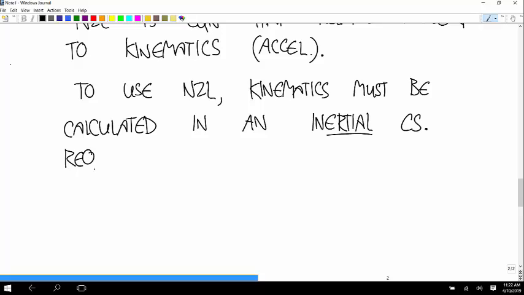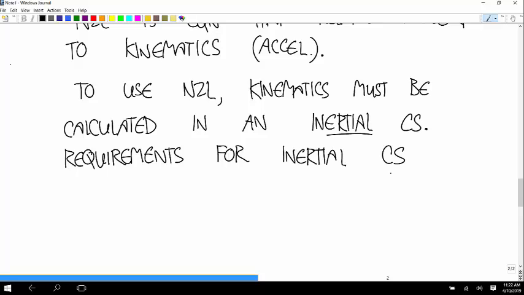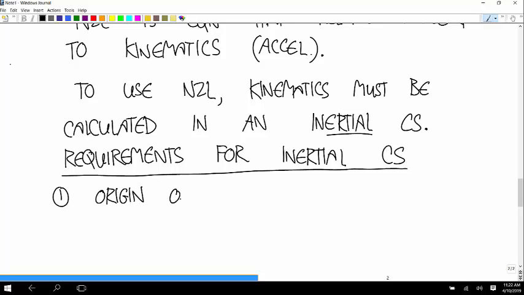And there are two requirements for a coordinate system to be inertial. The first one is that the origin of the coordinate system can't be accelerating.